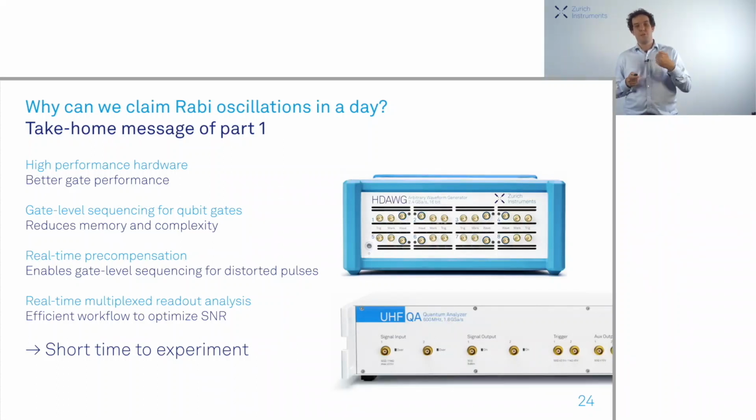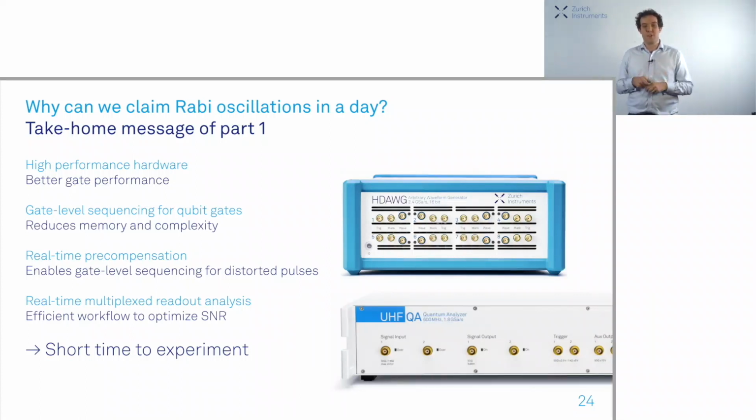And on the other hand, do this gate level sequencing both for microwave, but also for 2-qubit gates, for example, with this real-time precompensation. That way, you really get a handle on this complexity. So this really helps you to speed up writing your manipulation sequences. And with this good and efficient workflow of the readout, you can really optimize and get your results out fast.